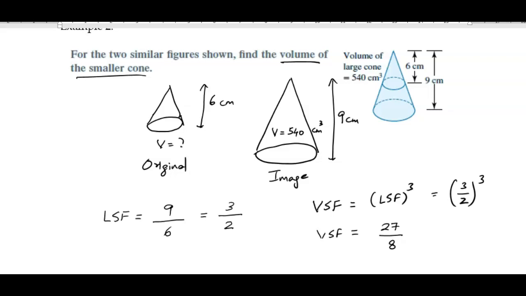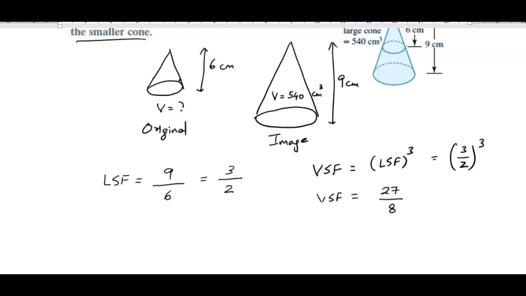Now let's go to the formula for volume scale factor. It's equal to the volume of the image divided by the volume of the original. I'm going to use that to find the unknown volume here. So 27 on 8 must be equal to the volume of the image, which in this case is 540, divided by the volume of the original. I don't know the volume, so I'm just going to call that x for the moment. Now I need to solve this for x. If you're good algebraically, go ahead and solve it, or else we can also use the solve function on your CAS calculator.